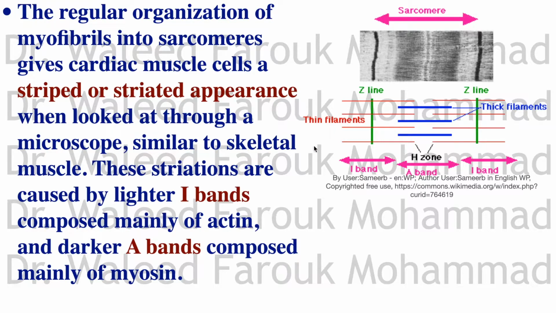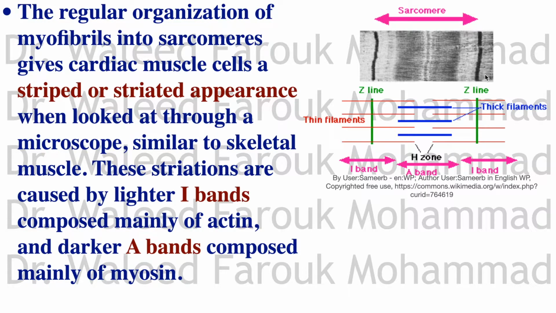This arrangement of fibrils gives the heart muscle its striped or striated appearance, so it resembles skeletal muscle. The striations are caused by the I bands, which are the light color, as you can see here, and are composed mainly of actin.